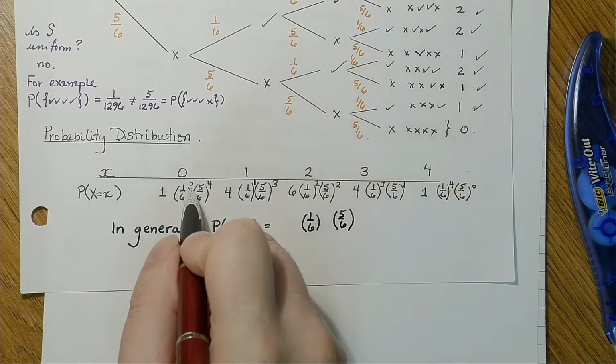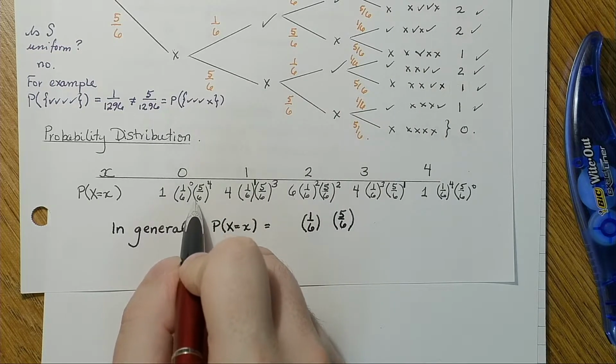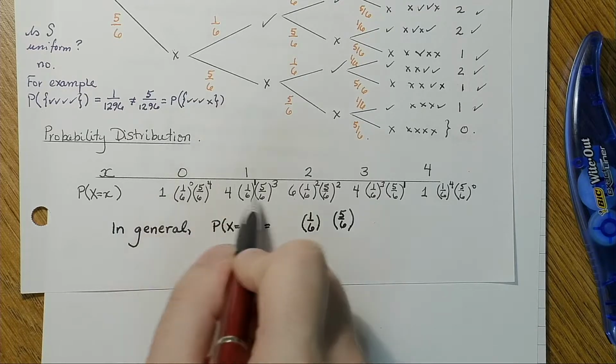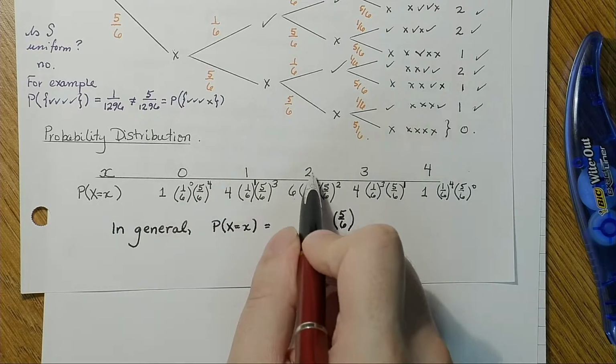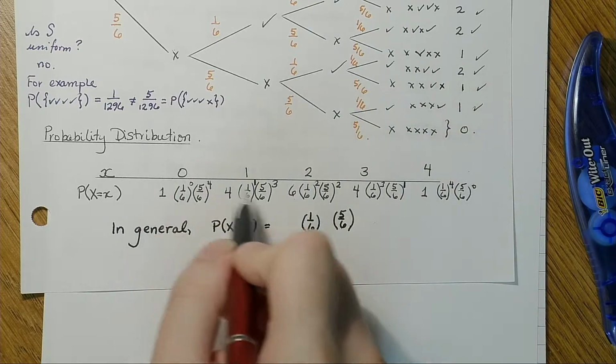And how are we going to do this with the exponents? If we look, the exponent corresponds to the number of successes that we got, so the number of times that we rolled a 6.